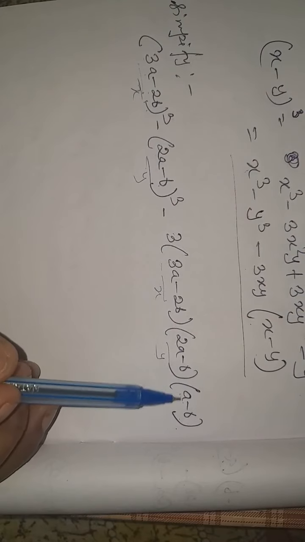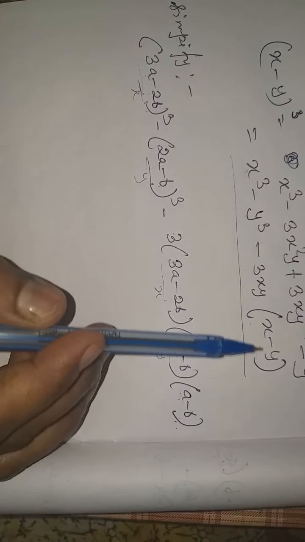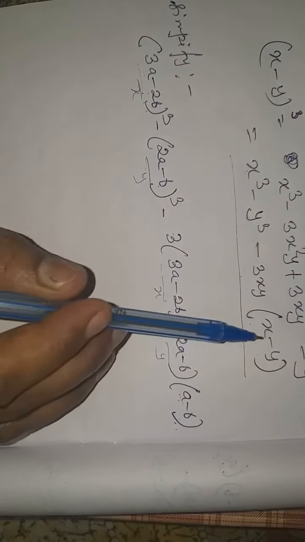Here it is given a minus b, but if you have x minus y here, then you can directly put the formula. But x minus y means 3a minus 2b minus (2a minus b).